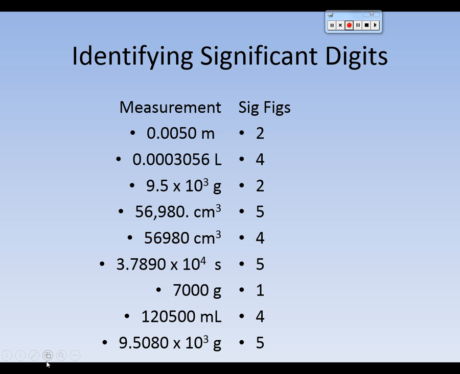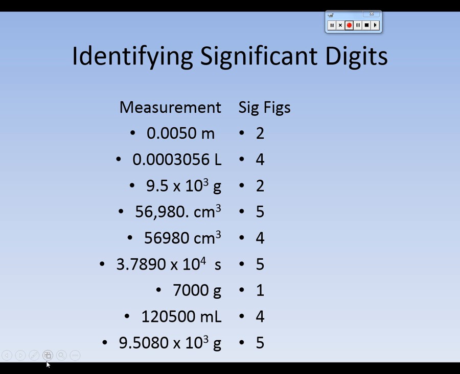Therefore, the first 3 zeros in the first measurement are not significant. 5 is significant, but then the 0 at the end, according to Rule D, is significant because it's at the end of the measurement and there's a decimal.